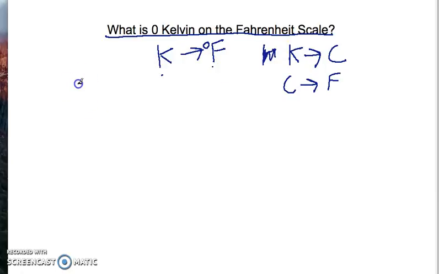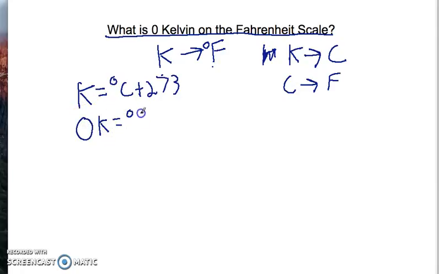The first equation says Kelvin, I'm just going to write K, is equal to degrees C plus 273. So you just plug in 0 K is equal to degrees C plus 273. And we subtract the 273. So negative 273 is the degrees Celsius. That's not the answer, but that's closer. So negative 273 degrees Celsius.